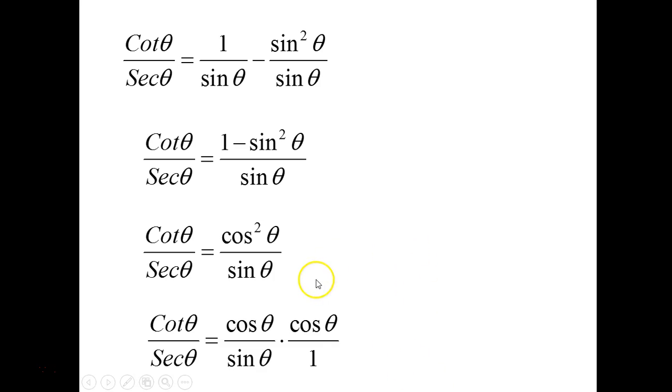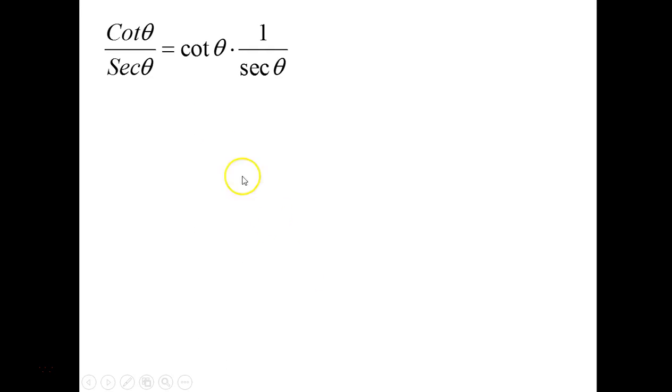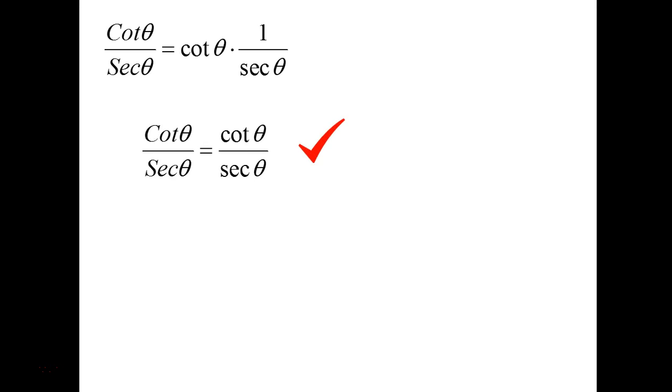That cosine we had at the end, cosine over 1, can be rewritten as 1 over secant. So I get cotangent, which I want on top, times 1 over secant, which I have on the bottom. I get equivalent expressions, and we're done. Hope this helps a little bit.